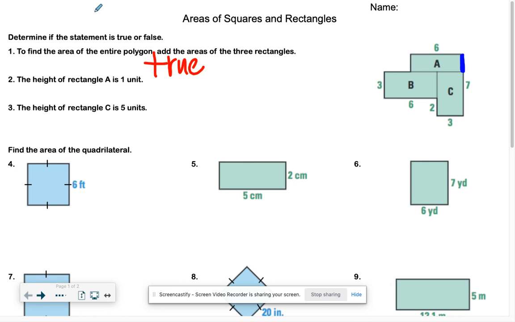Yep, the whole thing's 7. Up to here's 2, plus 3 more is 5. So it should be 2. So false. The height of rectangle C is 5. Is this 5 right there? Yeah, we just figured that out.